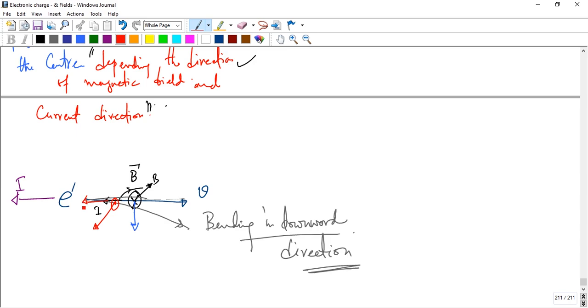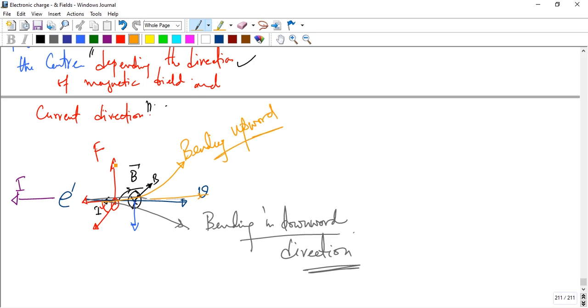So I cross B is anti-clockwise, so the force goes upward. If the force goes upward, the charged particle, the electron, does not go on a straight path, but slightly goes upward, bending upward.